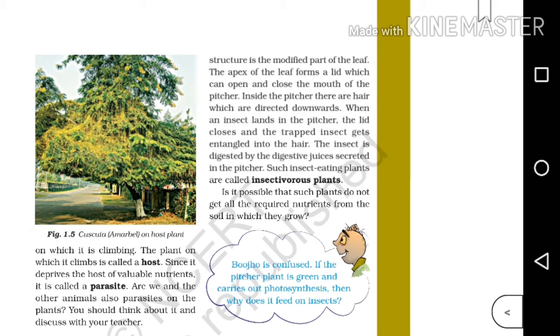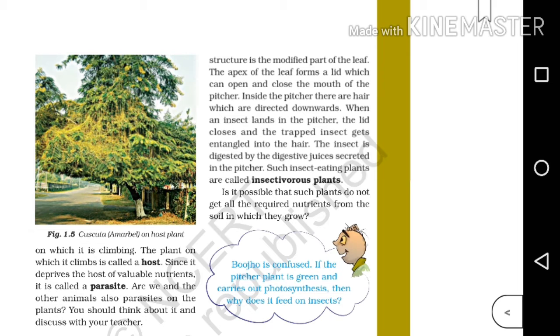So when an insect comes and sits in the pitcher, the lid of the pitcher gets closed, and inside the pitcher there is a hair which is directed downwards. So when an insect comes and lands on the pitcher, the lid gets closed and the insect is trapped within the pitcher. Okay. So it is then digested with the digestive juices secreted in the pitcher.